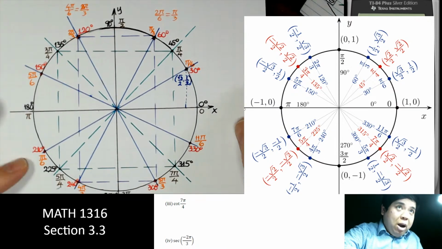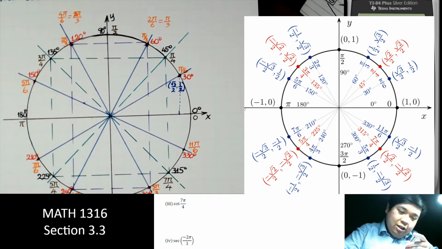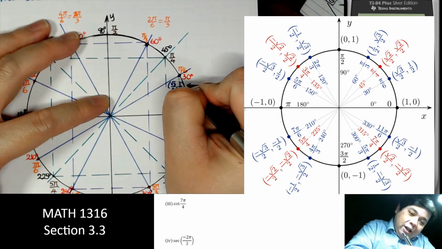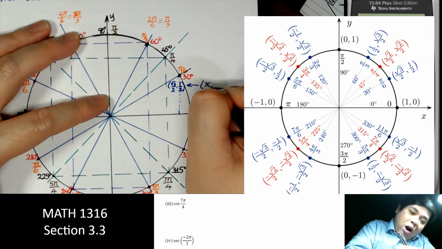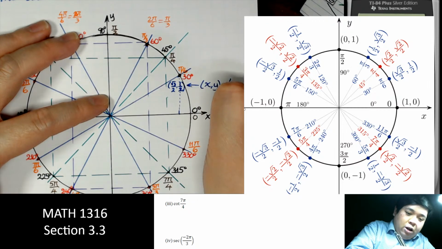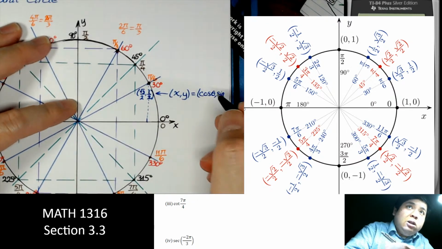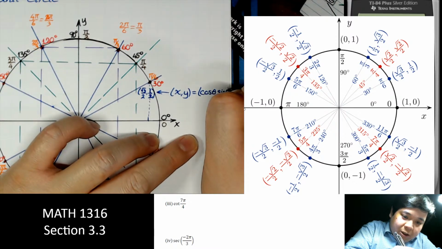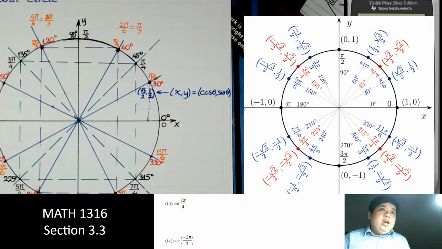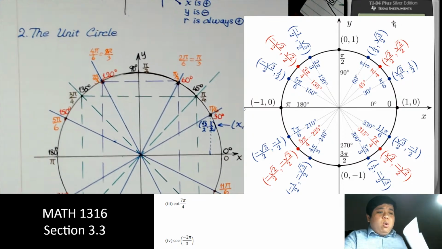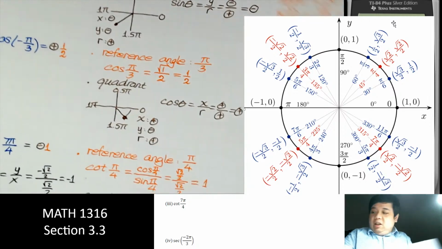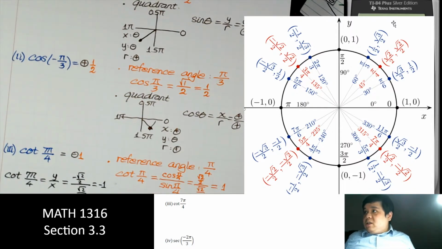Let me go back to this. Here, we have the x and the y values, which are cosine and sine. So when we look at the unit circle, the coordinate is cosine and sine, or x and y. So it's always about finding cosine and sine first, and then we can determine the rest.